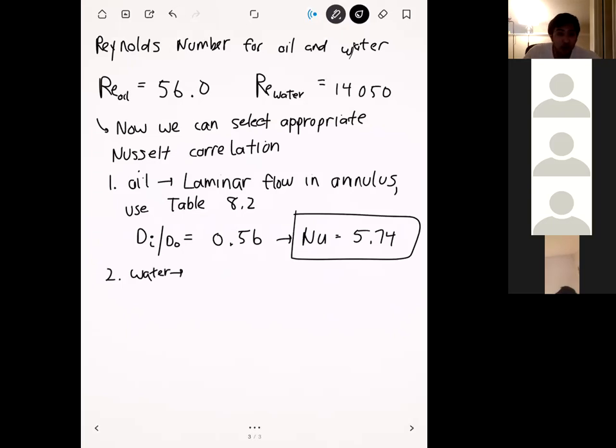Now we need the Nusselt number for the water in the pipe. In particular, since our Reynolds number is so high for the water, we need the Nusselt number correlation for turbulent flow in an internal pipe.